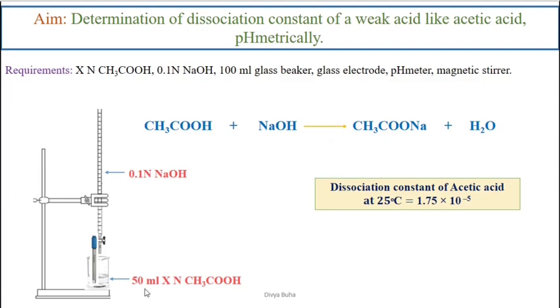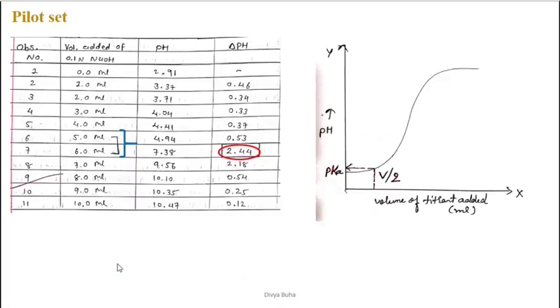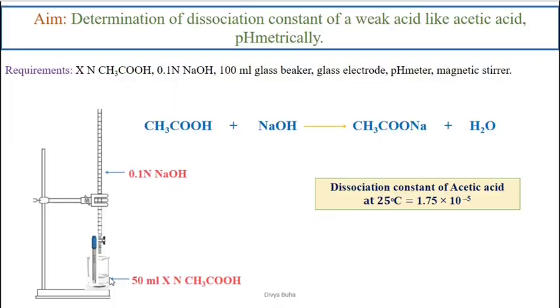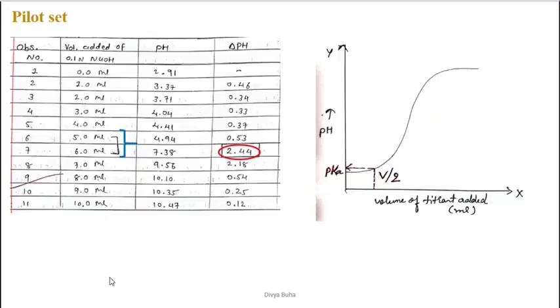So in the pilot set, as I told you, first of all, take 50 ml of X normal acetic acid, right? Before the addition of the NaOH, initially find out the pH of this acetic acid, and suppose say it is 2.91. Okay, so you have to note that down at 0 ml addition of NaOH.